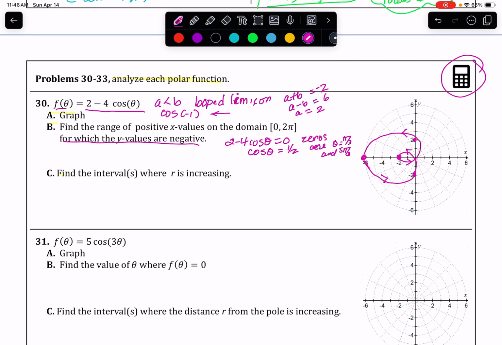Hang on. 5 pi over 3. Okay, so I'm going to make a little sign chart with those numbers on it. So 0 and 2 pi, and then I'm going to have pi over 3 and 5 pi over 3 on my sign chart.